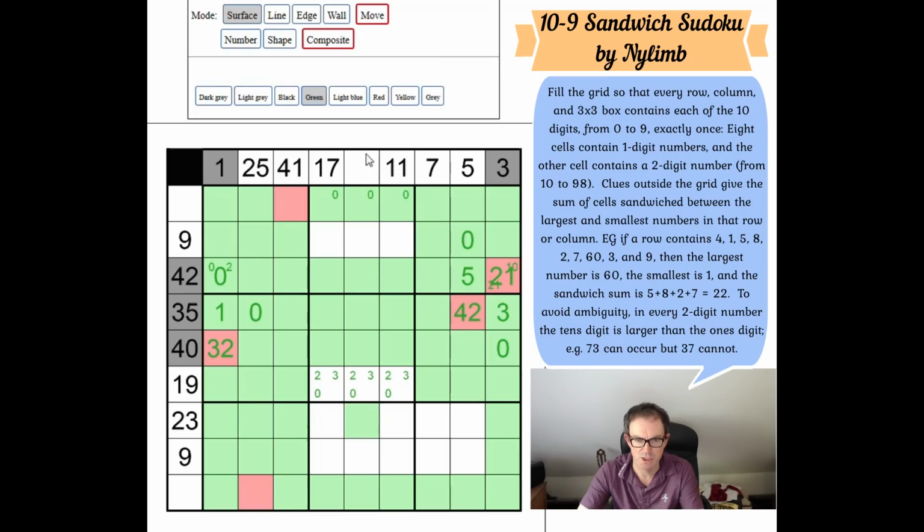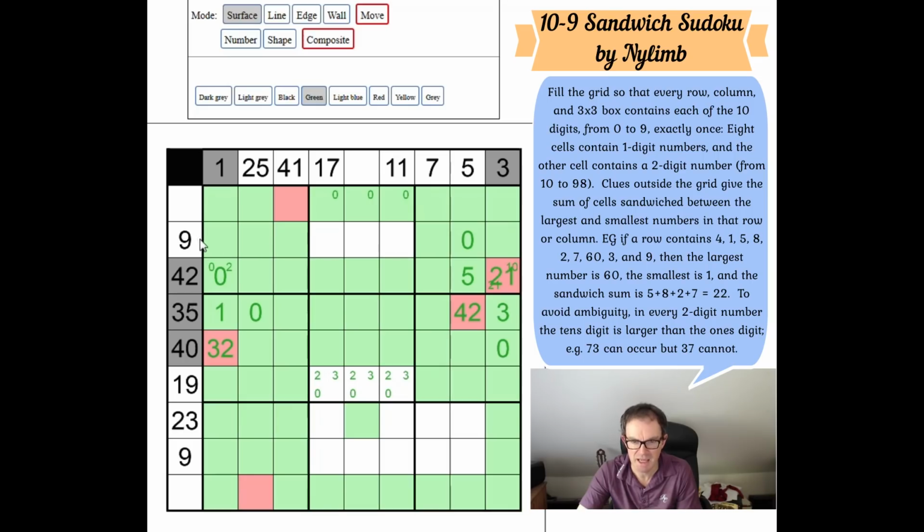It's a bit annoying actually, we don't know what this column is, so we can't use it to make more progress there. 9 here. Well, the problem with 9 is it could be a 2, 3, 4, or it could include a 1 even.